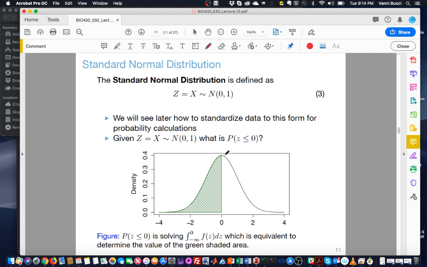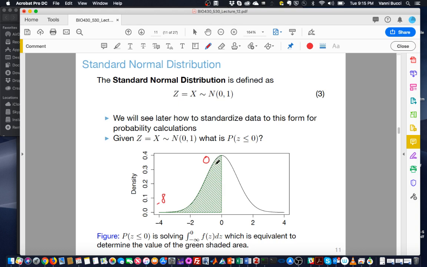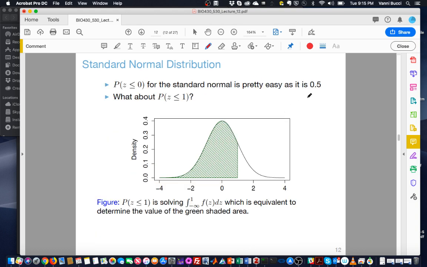This is equivalent to finding the area covered by your distribution that goes from minus infinity to 0. We know that this is basically 50%, because the entire area is 100%, so you can see without even checking anything that you have a 50% chance that the value is between minus infinity and 0.